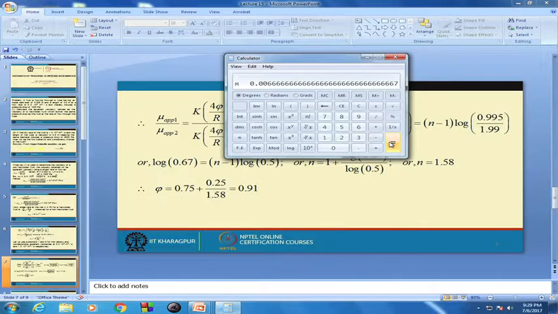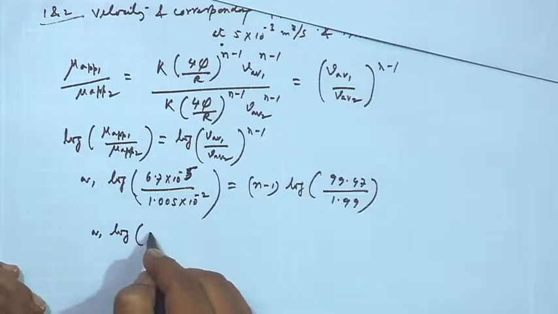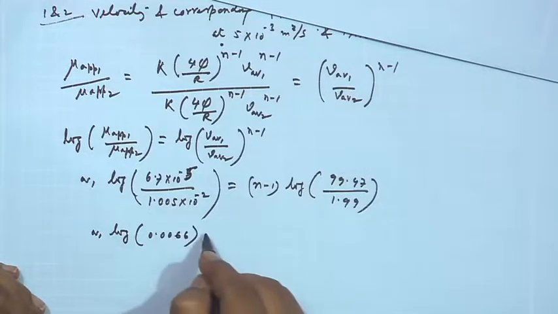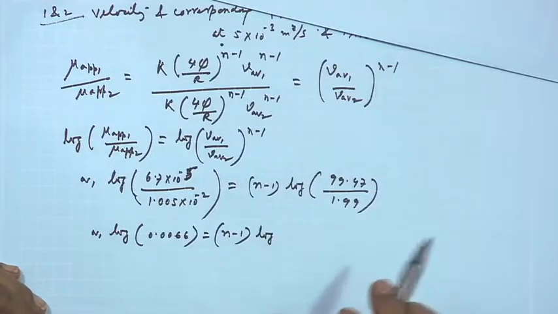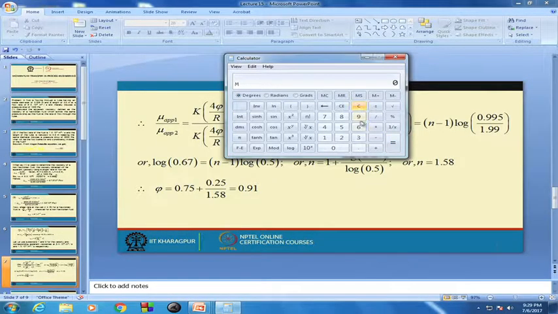So log of 0.0066 is equal to (n minus 1) into log of 99.47 by 1.99, which is equal to 49.98, right.